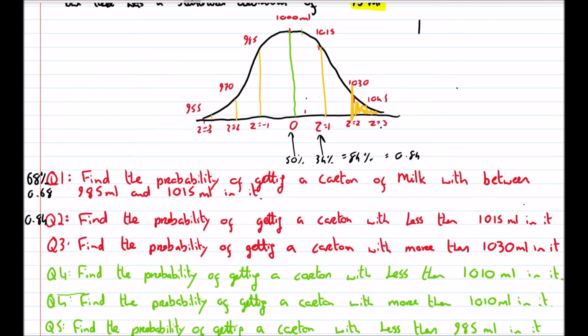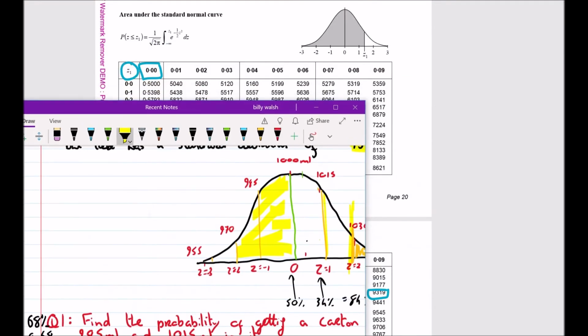So if I can get the probability of getting less than 1030, so all of this, take it away from 1, I get my answer. Well, let's fill in some of it. Well, I know up to here is 50% anyway. So also up to here, look back.